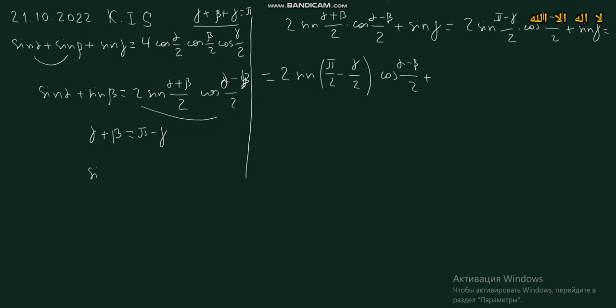Sine 2 alpha equals what? 2 sine alpha cosine alpha.